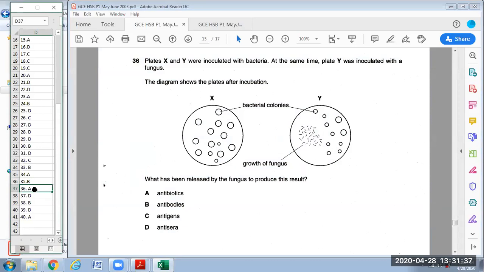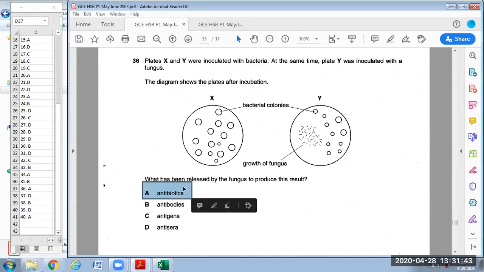The answer would have been A, antibiotics, because we actually use some fungus to make that drug. We use another type of organism to kill bacteria, which is a fungus. So you all may have heard a type of medication called penicillin. That's actually a fungus.